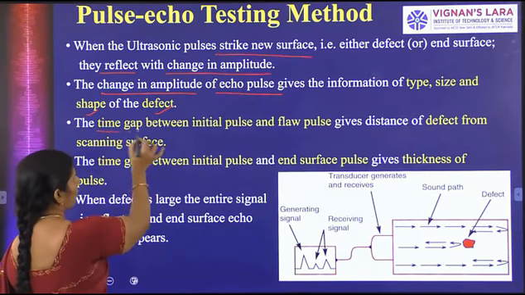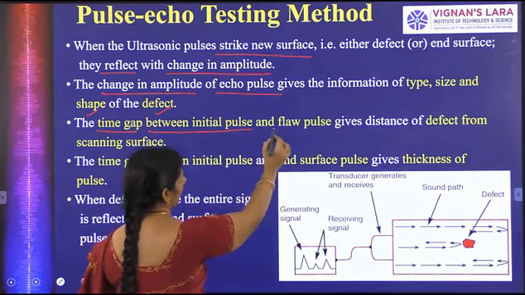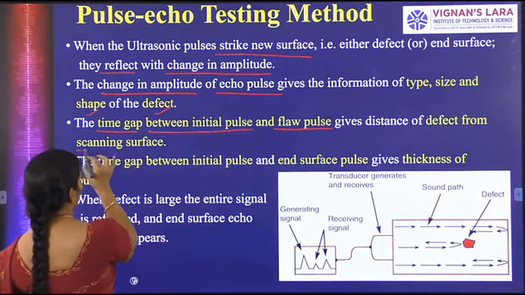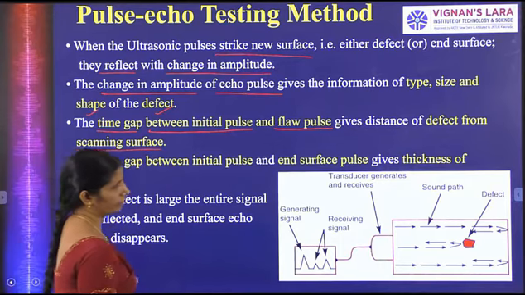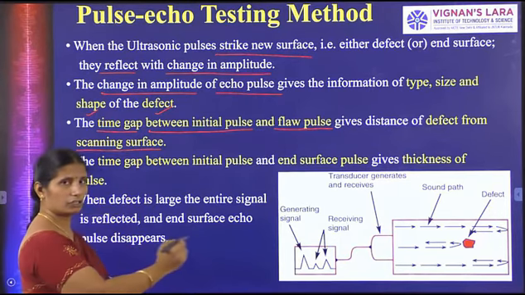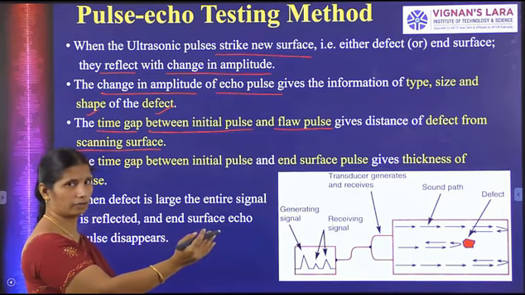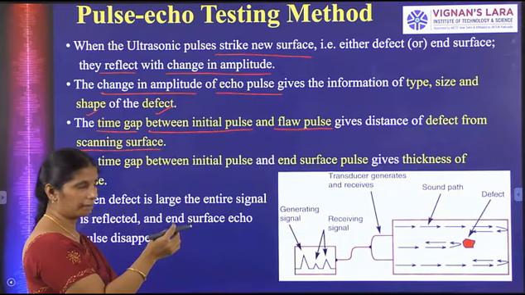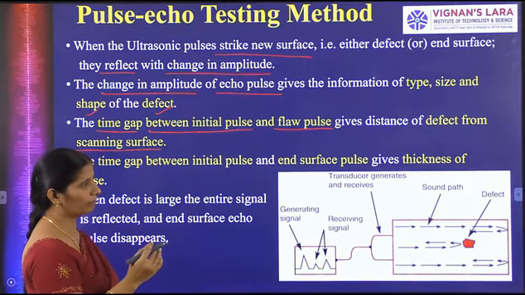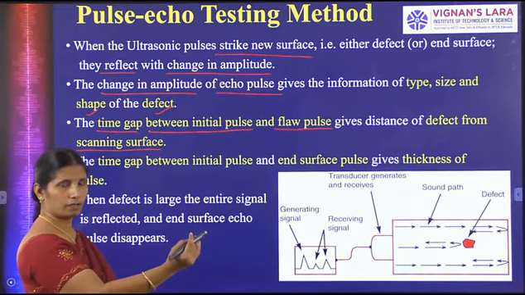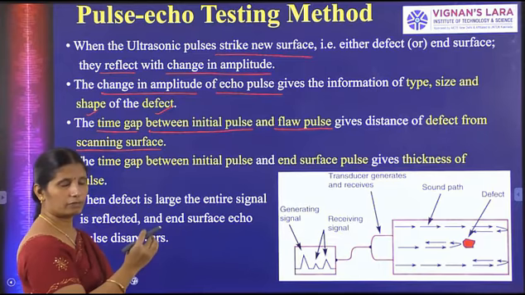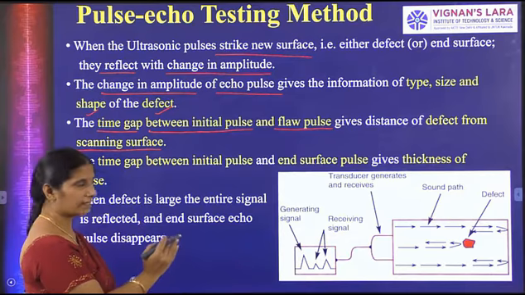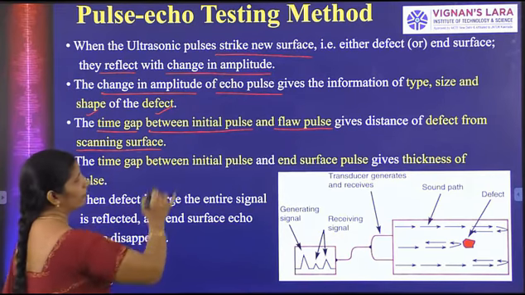The time gap between the initial pulse and the flaw pulse gives the distance of the defect from the scanning surface. The time gap between the initial pulse, when we pass the ultrasonic waves into the material, the starting time, and the time when we receive the pulse from the defect gives the distance of that defect from the starting surface or from the scanning surface.